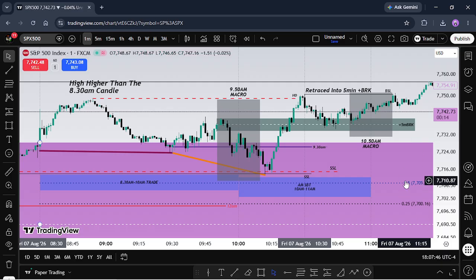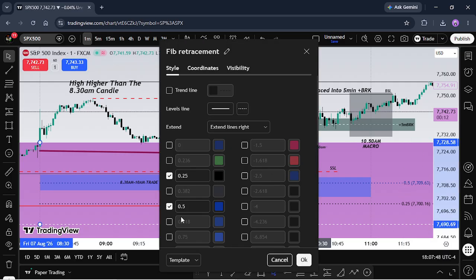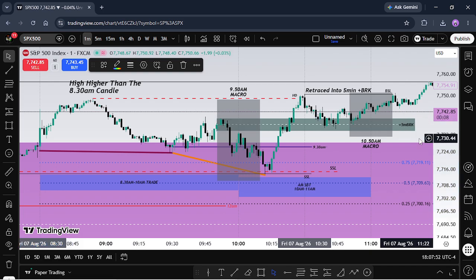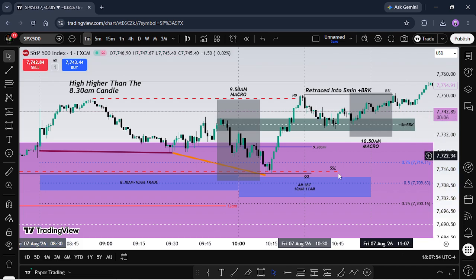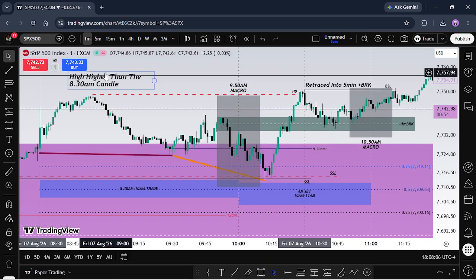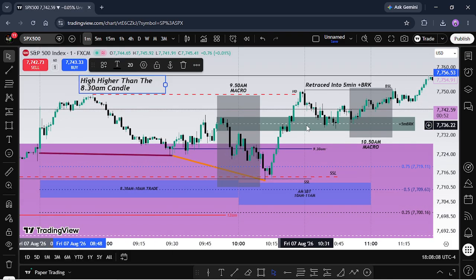All right, let's put 0.5. Look at that. Price went slightly below the upper quadrant of the upper quadrant, because this is a 50% range, right? Oh, wait. Okay, let me write this down.